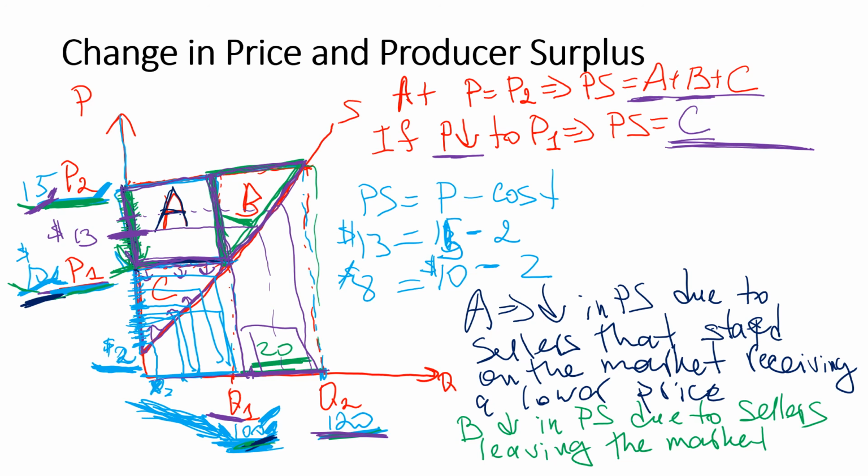So depending, once again, on whether you're looking at sellers or at buyers, the triangle is all the time somebody entering or leaving the market, and the square in the middle is going to be due to those sellers or buyers that stayed on the market. They are either receiving a lower price, as sellers, or paying a lower or higher price, as buyers. Okay, that's what you need to know for this video.